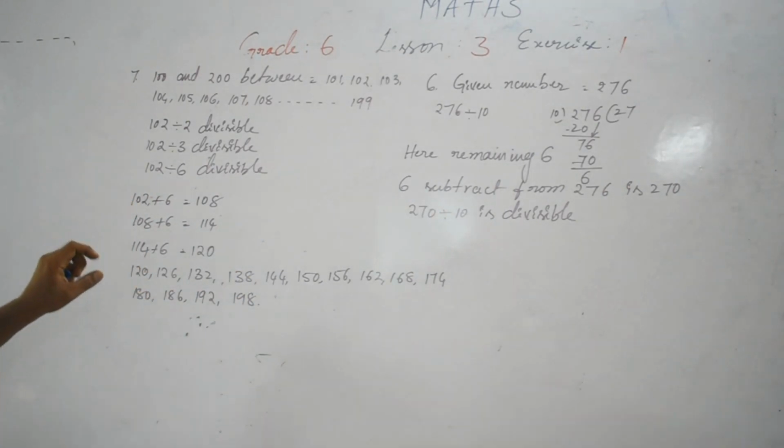These numbers are divisible by 6 between 100 and 200.